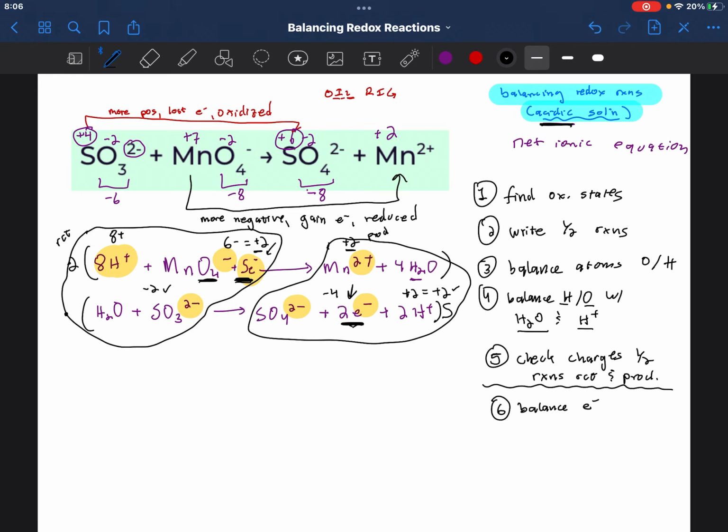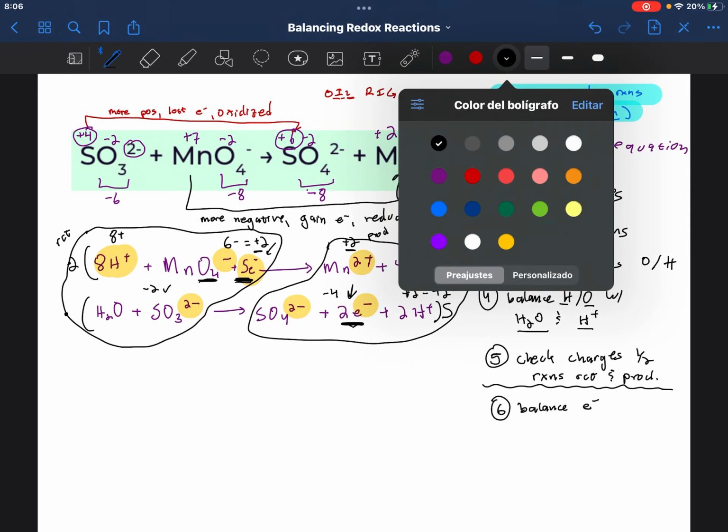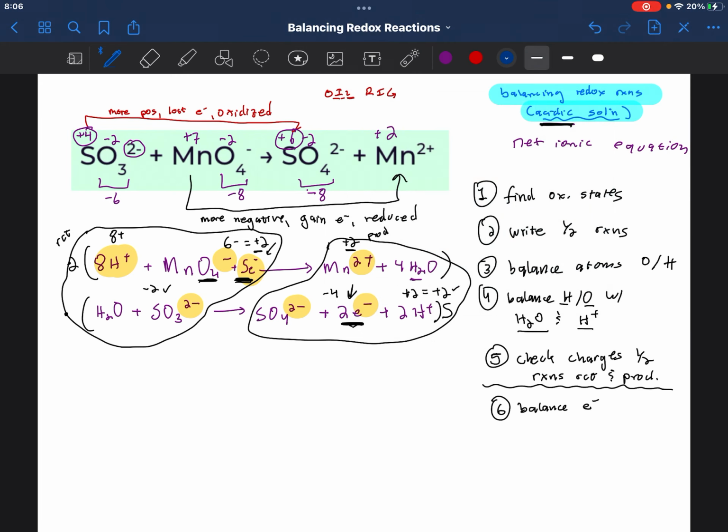This is getting a little busy, so let's write this again. I'm going to choose another color just so it's clear. So my reduction reaction, I now have 2 times 8 is 16H+, 2 MnO4-, plus 10 electrons yields 2 Mn2+ and 8 H2O.